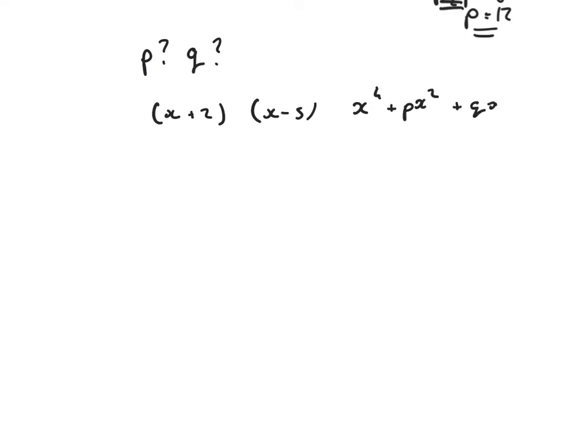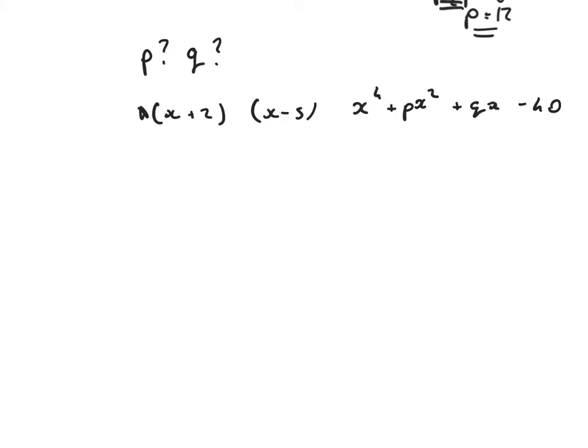Okay, next one. Find the values of p and q if x plus 2 and x minus 5 are both factors of x to the power 4 plus px squared plus qx minus 40.